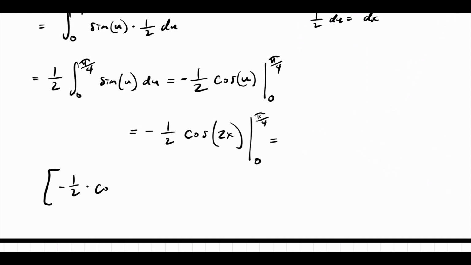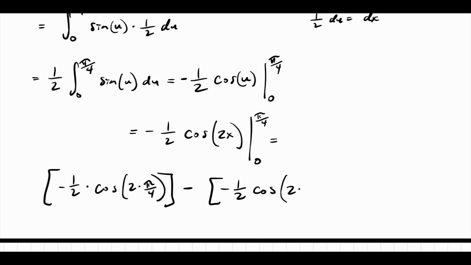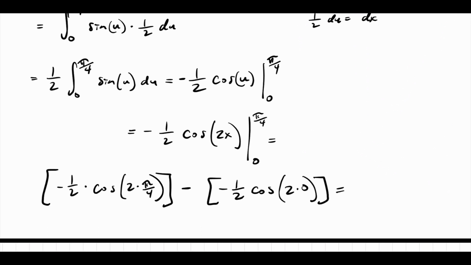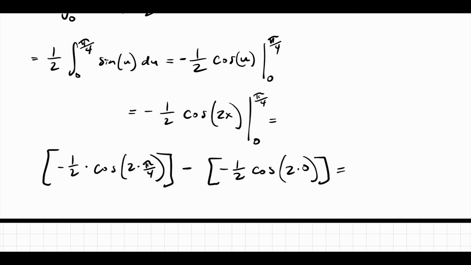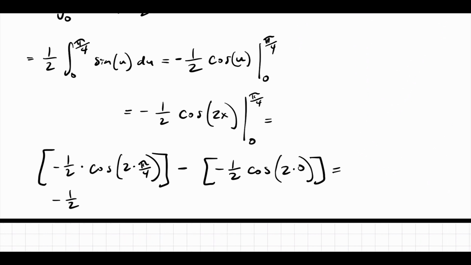Negative 1/2 times cosine of 2 times pi over 4, minus negative 1/2 cosine of 2 times 0. Okay. 2 times pi over 4 is pi over 2. Negative 1/2 times cosine of pi over 2.